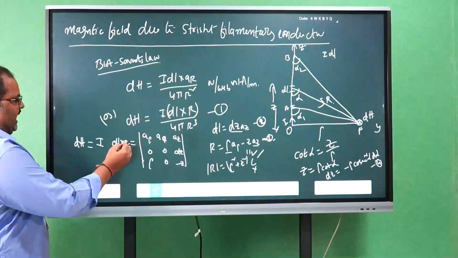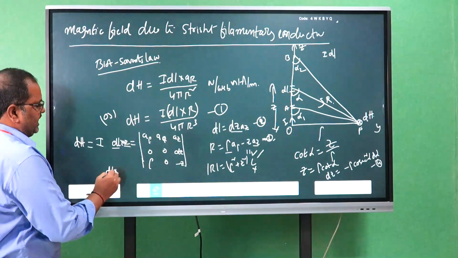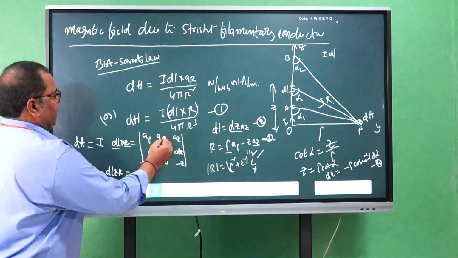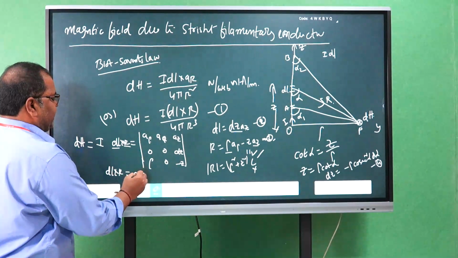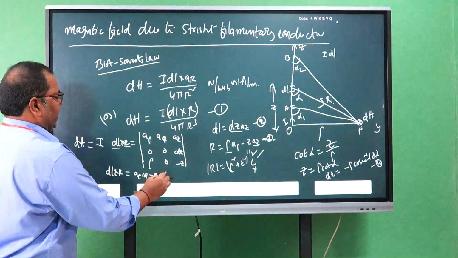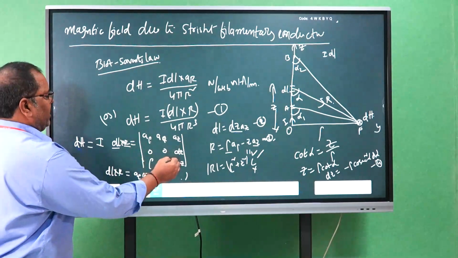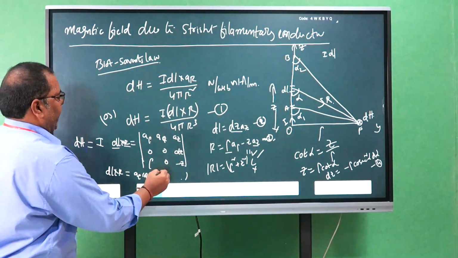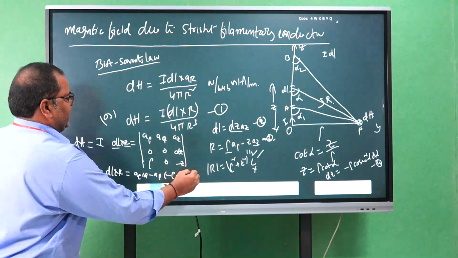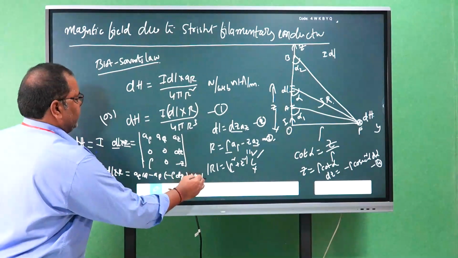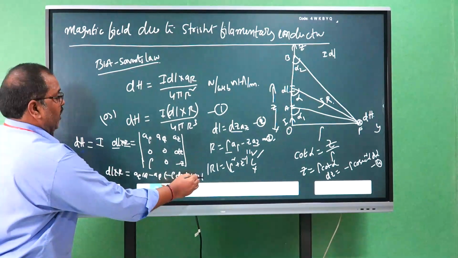Therefore, you have to find out dl cross R by taking the determinant. First, the a rho component is 0. For the minus a phi, the component is, therefore, minus of minus rho dz. Last, the az component is 0.